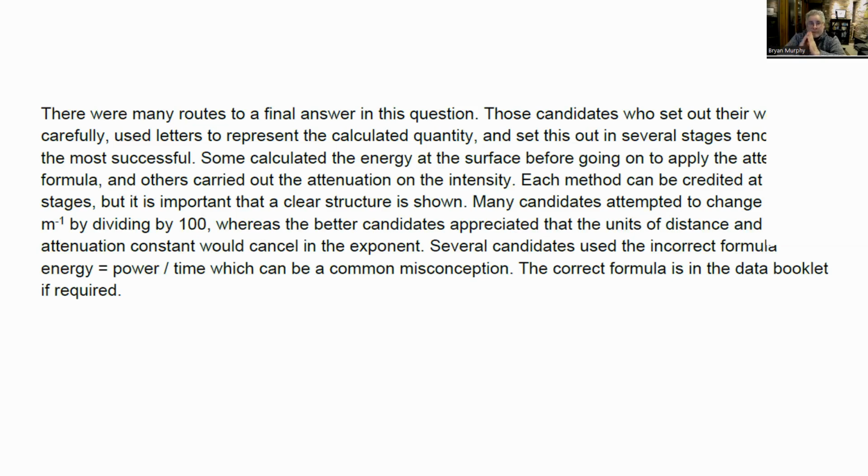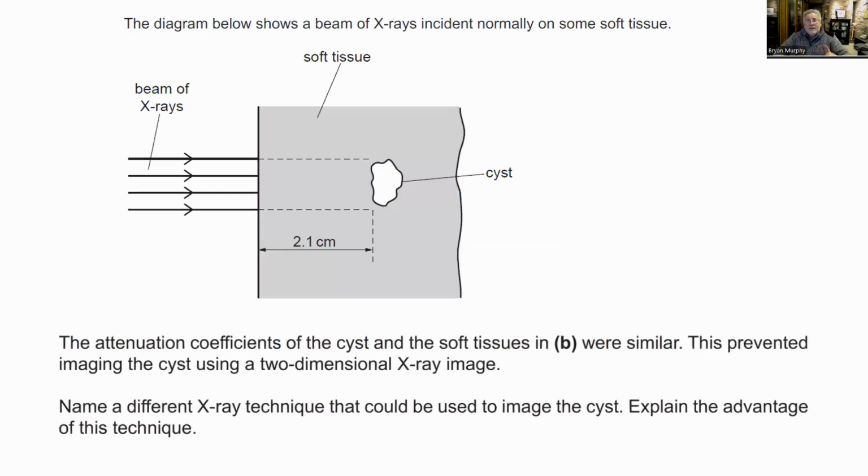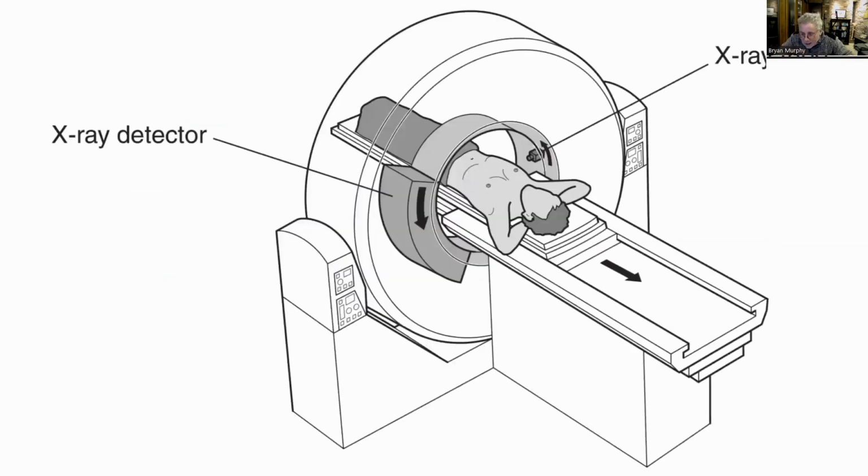Okay. And then the second part of this question is where I'm going to finish, which is to name a different X-ray technique. Okay, so things weren't great. There's a different X-ray technique to look at these things, which is computer axial tomography.